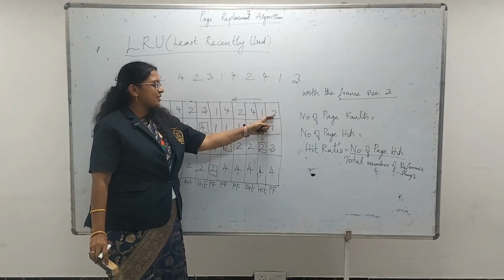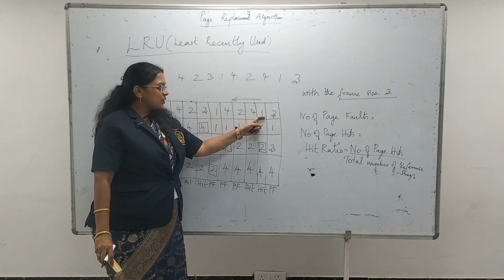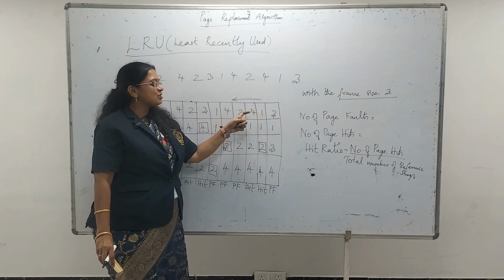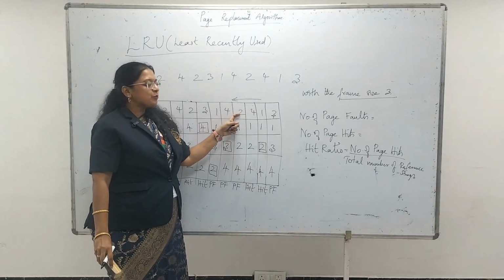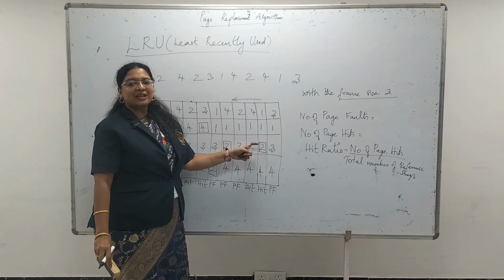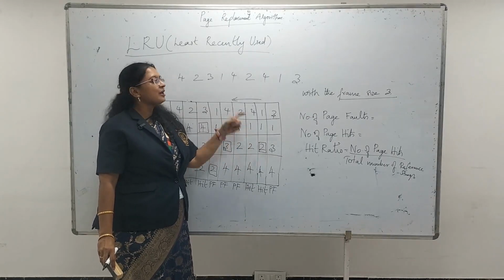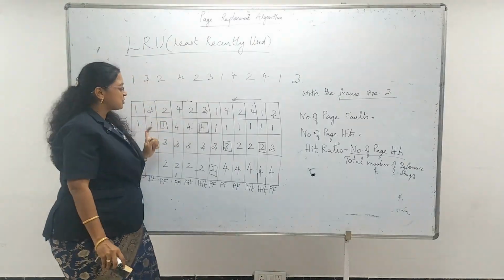First we need to check the previous elements. First one is your most recently used. Second one is your second most recently used. Third one is your least recently used. You are going to replace that least recently used only, as per the least recently used algorithm. That is the least recently used principle.